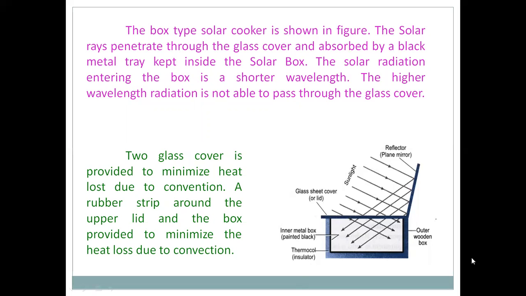But here it is totally closed, so no molecules of the atmosphere will move outside, so the temperature is kept constant, or may even increase due to radiation and reflection. So the heat loss does not occur due to convection, thanks to the glass plates and the rubber strip around it.